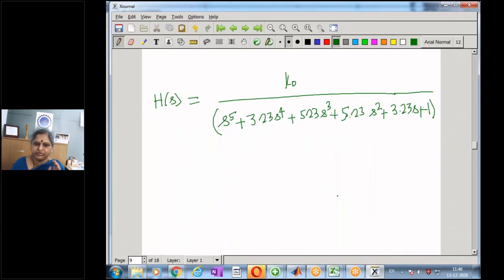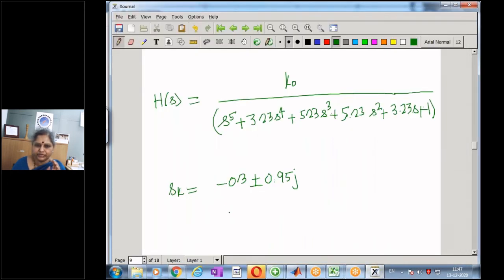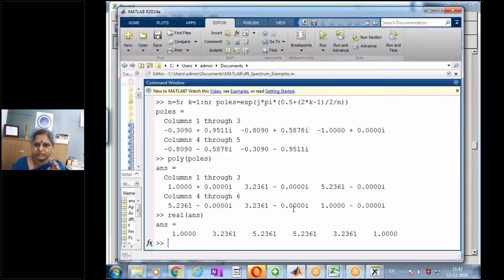If I look at the poles, I have the poles s_k located at minus 0.3 plus or minus 0.95 j, and I also have poles at minus 0.8 plus or minus 0.58 j, and another complex pair.